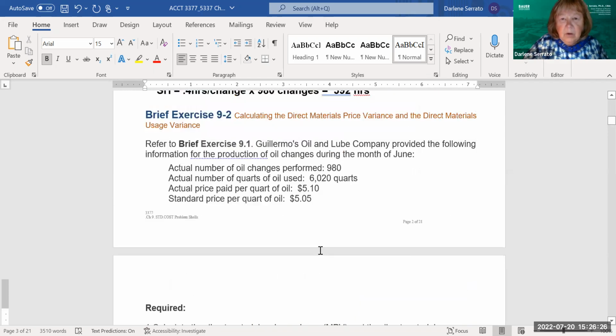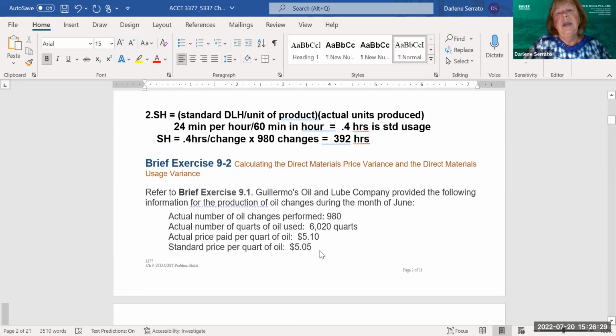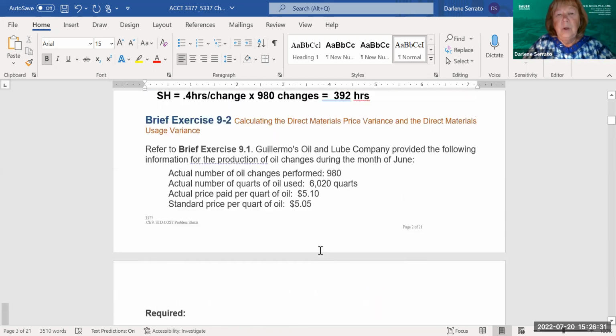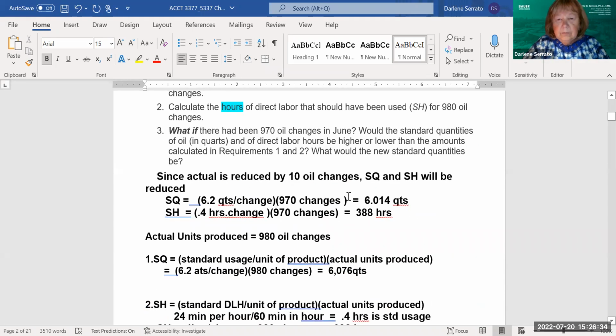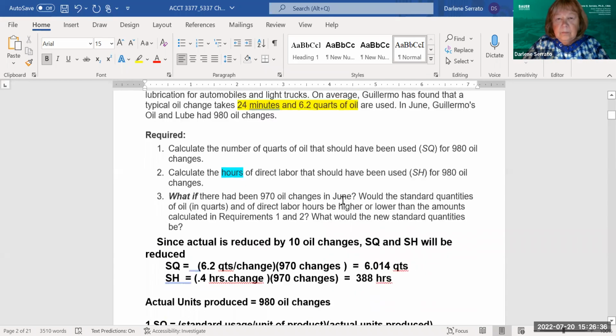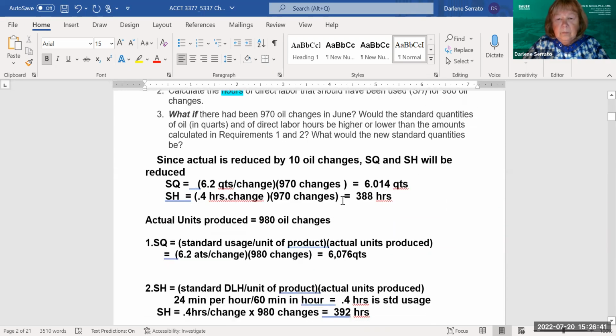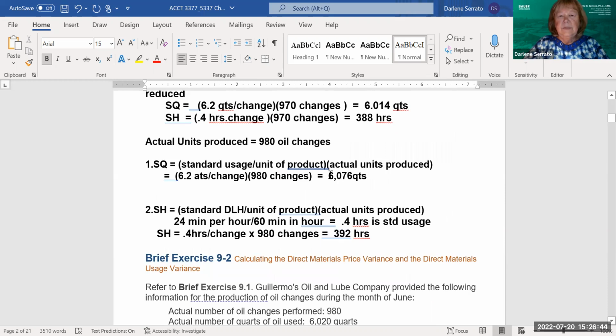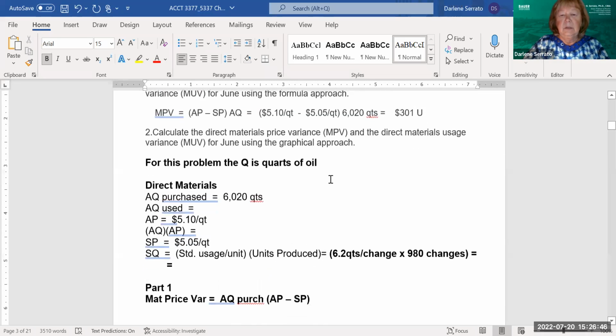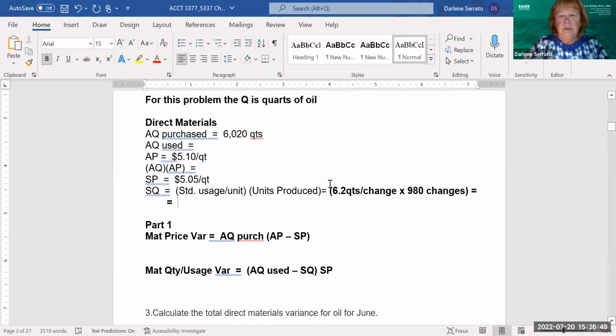Is that what we had up here? Yeah, 392. Oh, no, up here. Yep, 6,076 quarts is what we should have used.